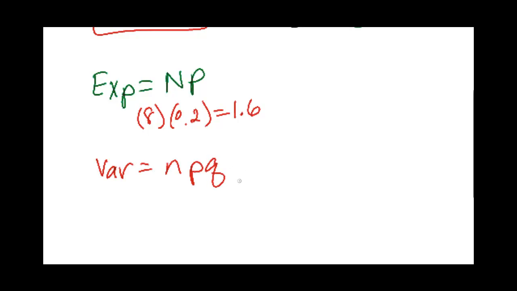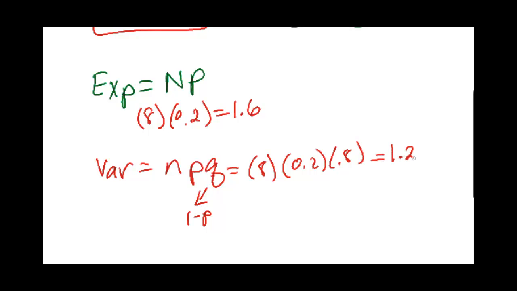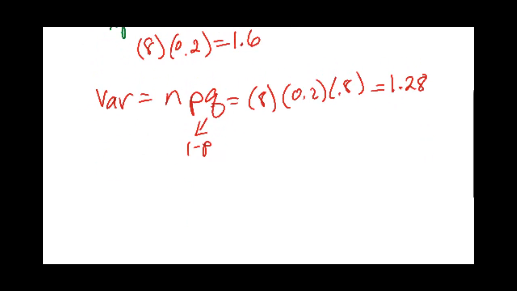We take that 1.6 times 0.8, since q is just 1 minus p. So 1.6 times 0.8 equals 1.28, and that's the variance.